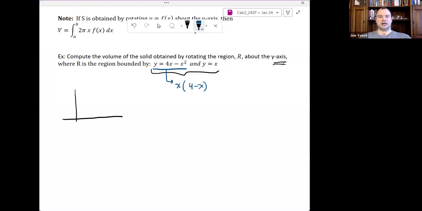This is going to have roots at x equals 0 and x equals 4. And we see that it's opening down, so it's going to have a vertex up here at 2 comma something positive.